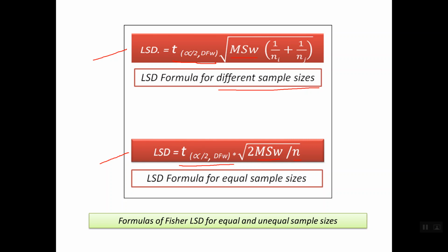So for my presentation for today, I'll talk about the equal sample sizes, so we will deal with the bottom formula. We can conclude that the LSD formula for equal sample sizes is a special case of the general case, which is the top. So we can consider the top formula to be the general one, and for the special case where the sample sizes are equal, we use the bottom one.